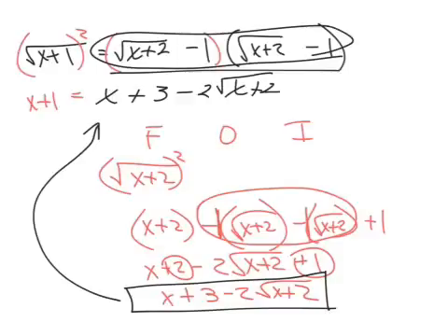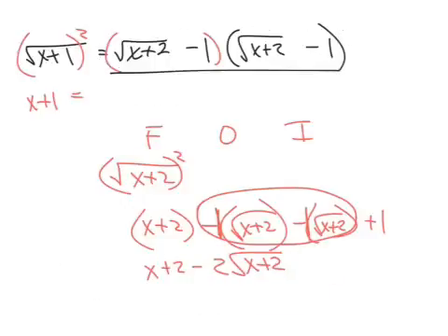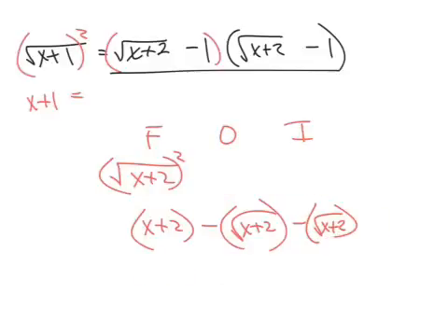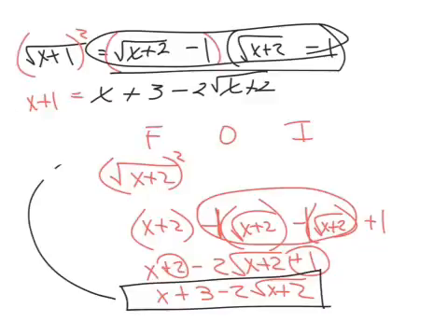Alright, so let's see if I can erase some things here. Probably not. Alright, so what we have here is this whole thing that we had up here simplified to this. We got rid of this radical, but when we did that, it made all of this turn into this. So this is where we're at.